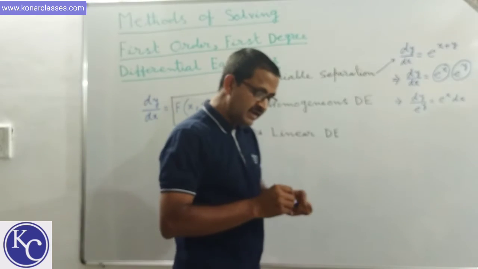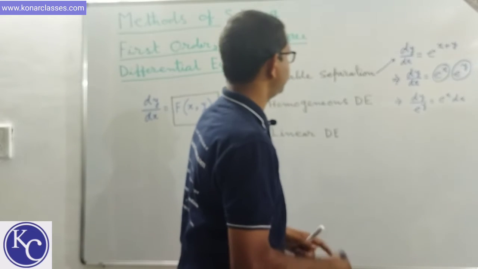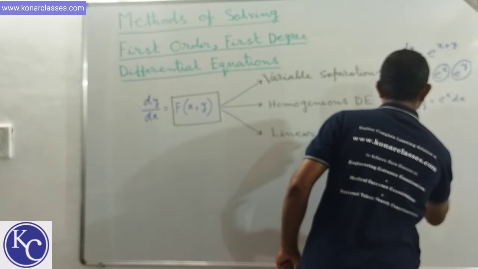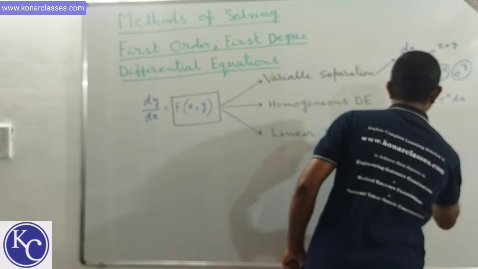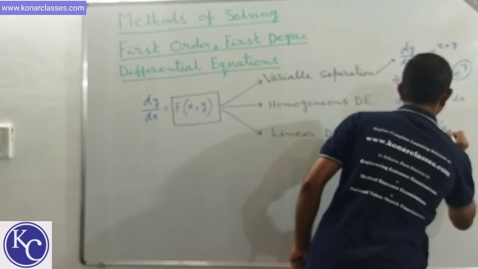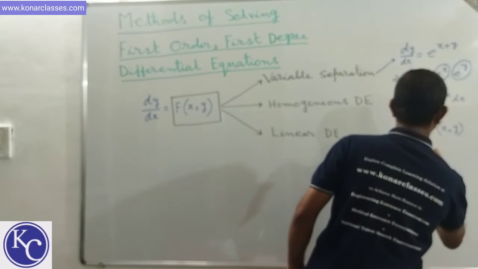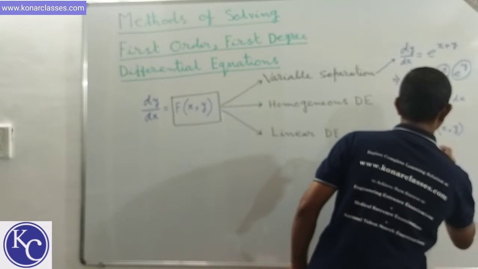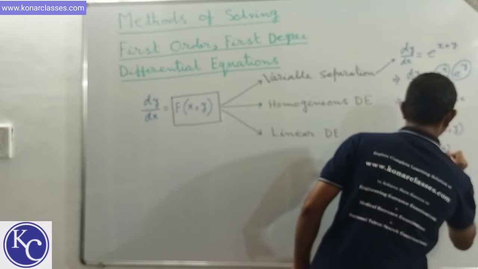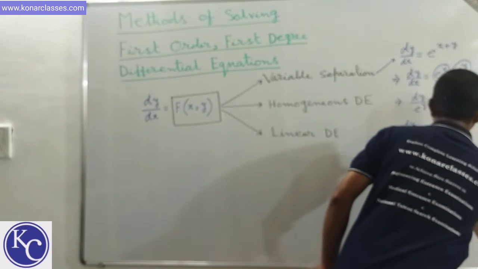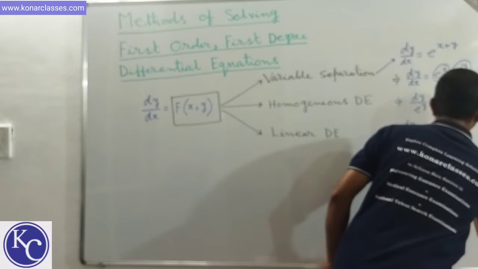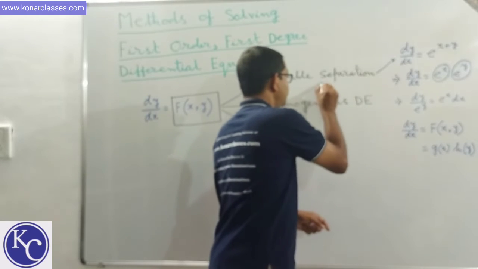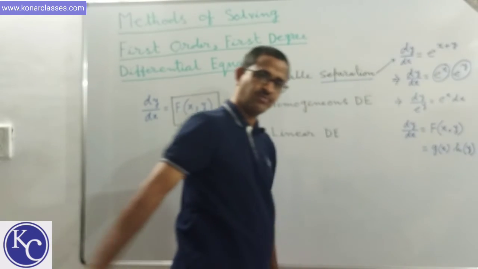So what we understood is that if we have dy/dx equal to f(x, y), and f(x, y) can be expressed as a product of two functions, one a function of x and another a function of y, then we should apply the variable separation method. That is why it is called separation, because we are separating the variables x and y.